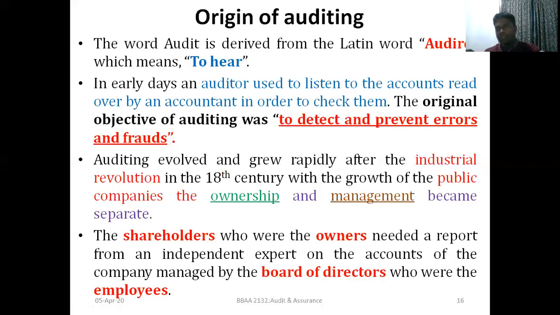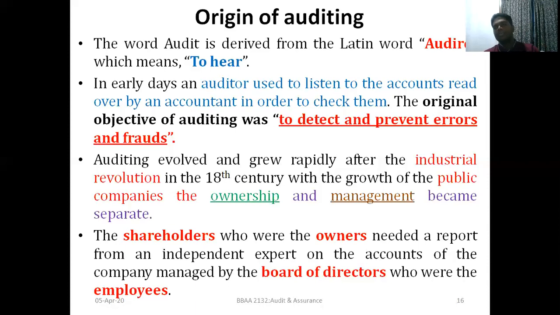The owners do not easily believe the figures shown by the board of directors, because they prepare the financial statement, the statement of profit or loss. They calculate this is the amount of profit, this is the amount of assets and liabilities, this is the cash flow, negative or positive, whatever it is.